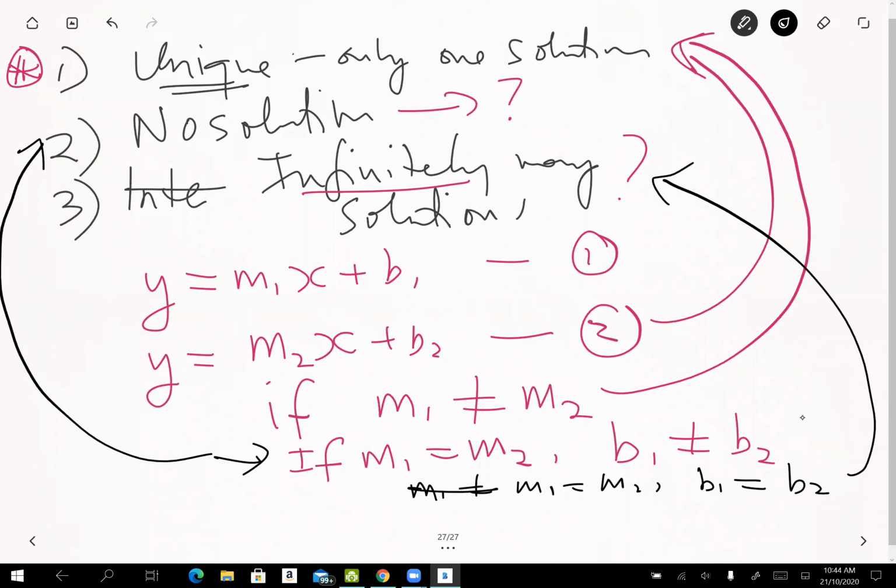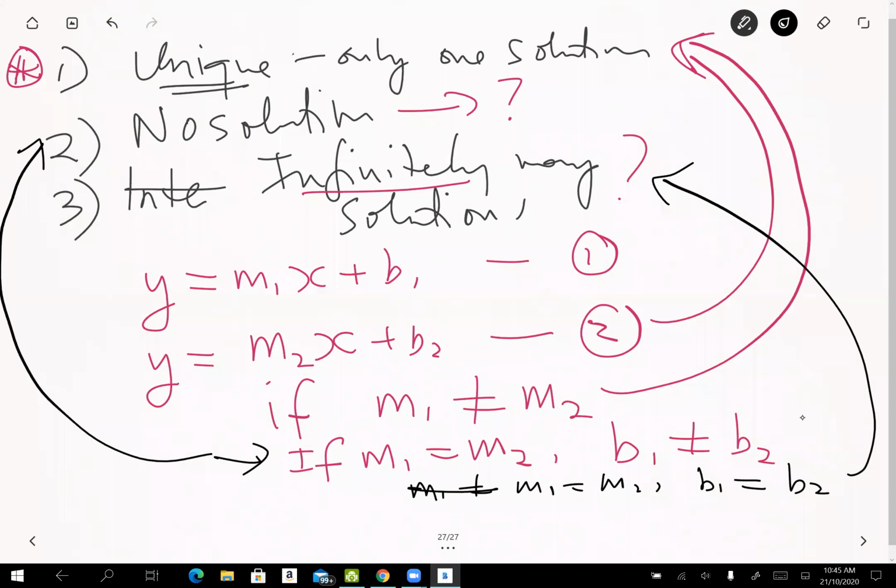The two equations are the same. The slopes are equal, intercepts are equal, so basically the two lines are the same. Therefore you have infinitely many solutions. That would be like the figure in 1.23b.